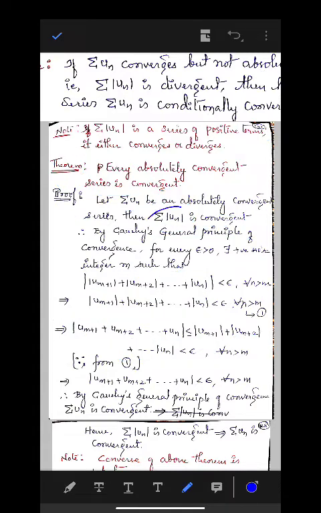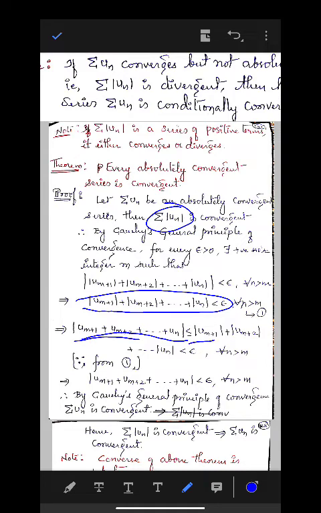Here for modulus of un we will get this inequality, but according to Cauchy's general principle we have this one, and also we are applying the property of modulus. So I can split these terms. How?